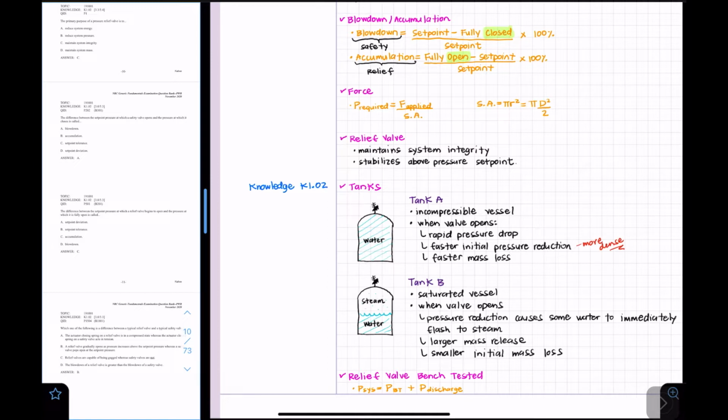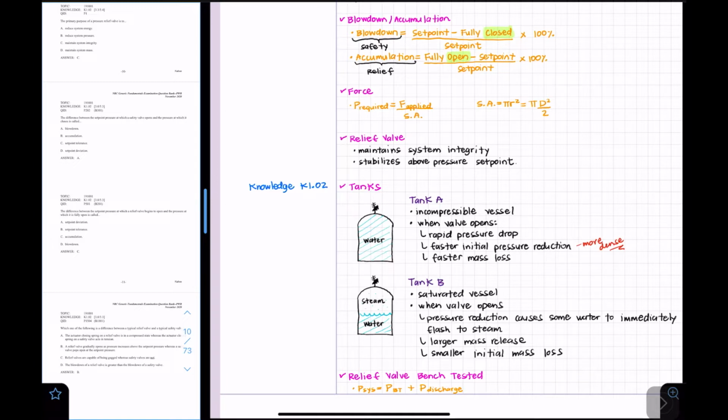So initially we're going to tend to see a smaller initial mass loss because we are releasing some of the gas, and it's going to be less dense than a liquid. So that's why we're gonna have this smaller initial loss. But ultimately, we will have a larger mass release because if you see the tank, half of the tank is gonna be full with steam.